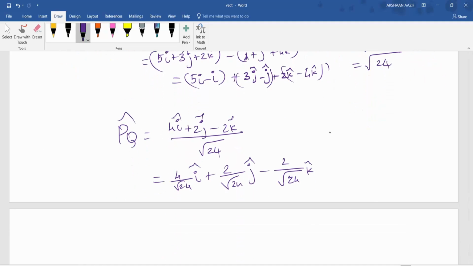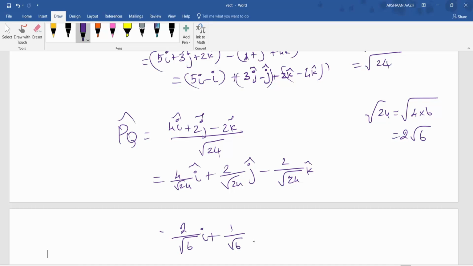This could be further simplified because root 24 can be written as root of 4 into 6. We don't have an exact root for root 6, but we have for 4, so 2 root 6. Further simplifying, you'll have 2 by root 6 because 2 and 2 will cancel, 1 by root 6 and minus 1 by root 6. So this is the answer for the given condition.